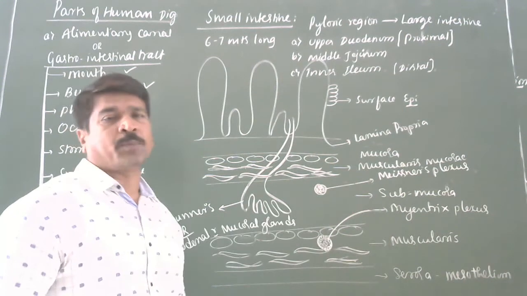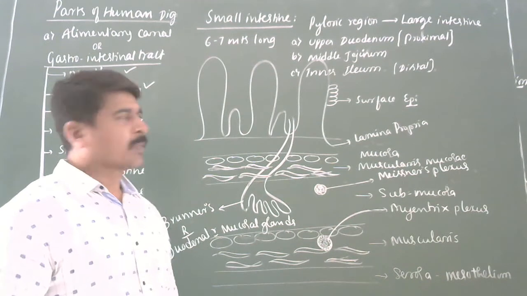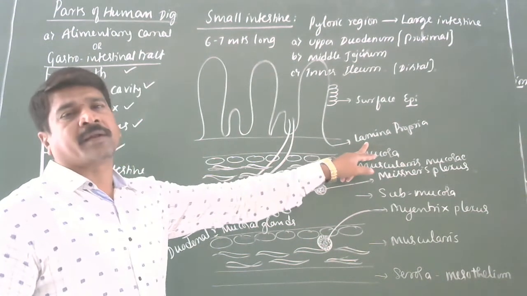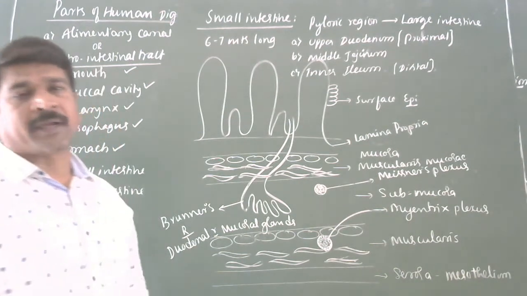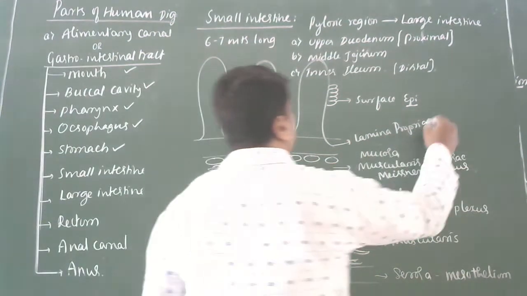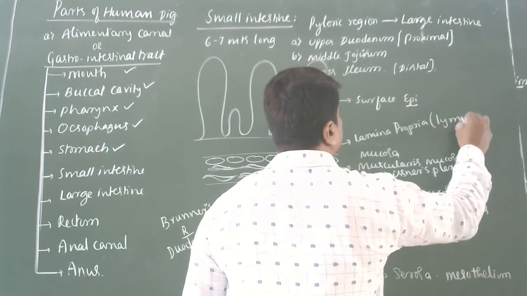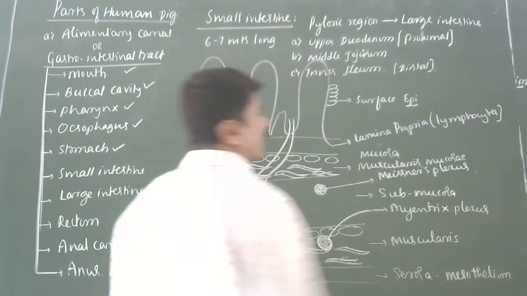Then lamina propria consists of reticular connective tissue containing blood vessels, lymphatic vessels, and cells of the immune system called lymphocytes. Got it?